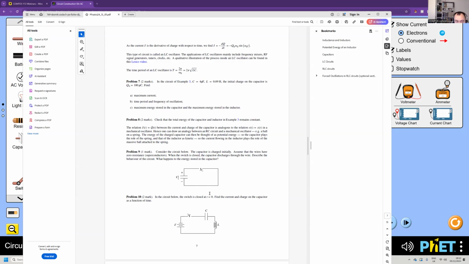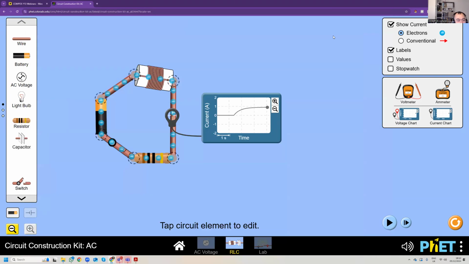So this is a very important question. And the same thing, a very similar thing happens here. So the current is maximum, and then the current suddenly drops to zero. Well, you've opened the circuit.